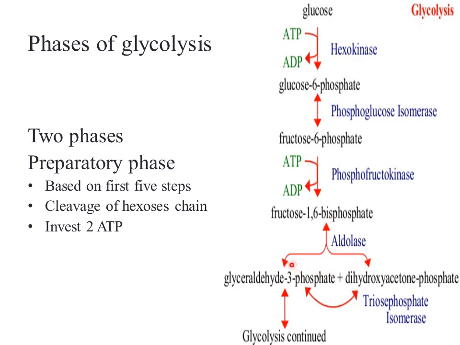From this it has two products, glyceraldehyde 3 phosphate and dihydroxyacetone phosphate. Glyceraldehyde 3 phosphate will next continue the process of glycolysis. So all these five steps are included in the preparatory phase of glycolysis.